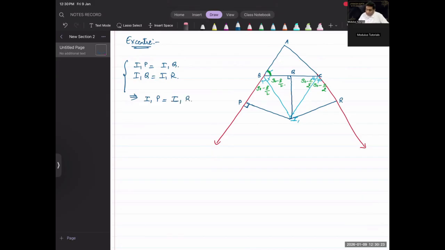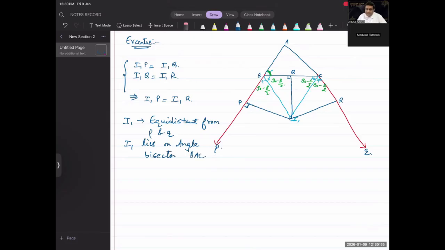Got it? Now that means I1 is equidistant from line P and Q. Now that means I1 lies on the angle bisector of BAC.